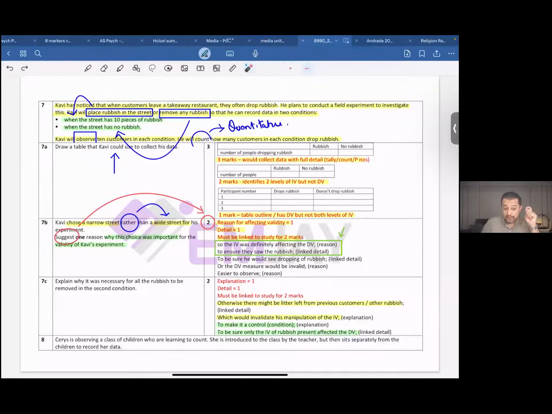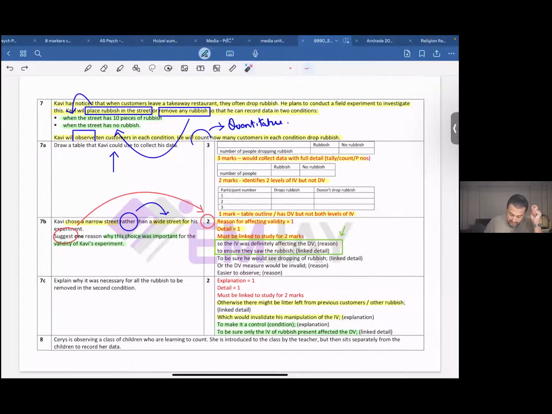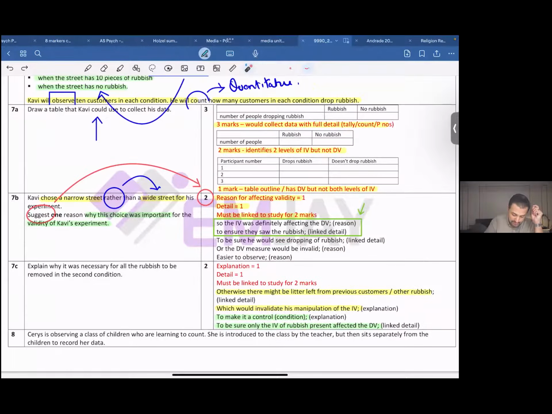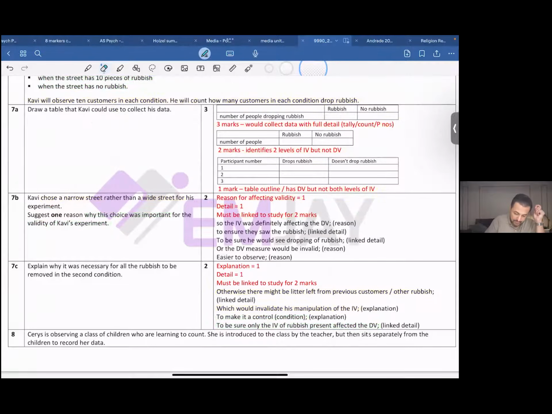Question number 8 reads: Keris is observing a class of children who are learning to count. So, Keris is conducting an observation on a class of children who are learning how to count. She is introduced to the class by the teacher, but then sits separately from the children to record her data.